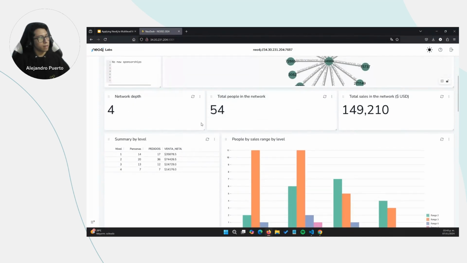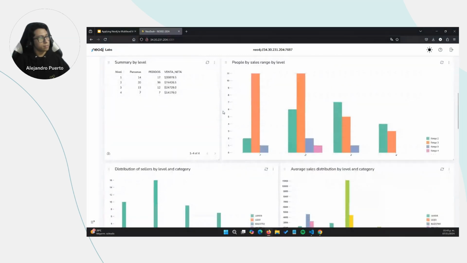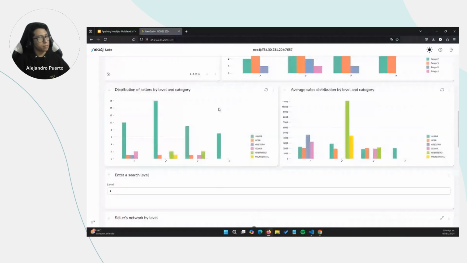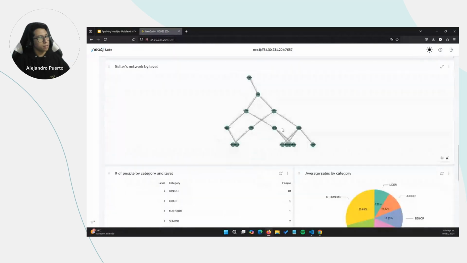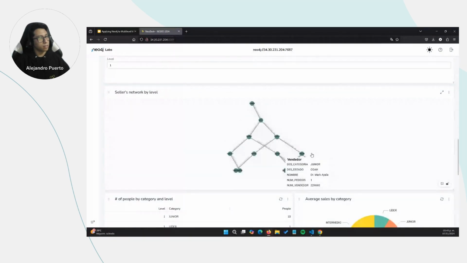We can also have a look at the information of network depth, total people in the network, sales, summaries, histograms, and a look at each level of the depth.